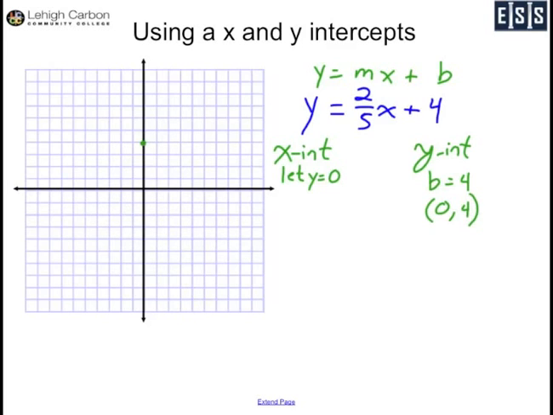Now I need to find my x-intercept. So I let y be 0. 0 equals 2/5 x plus 4. Subtract 4 from both sides. Negative 4 equals 2/5 x. To undo multiplying x by 2/5, I multiply by 5/2 on both sides.